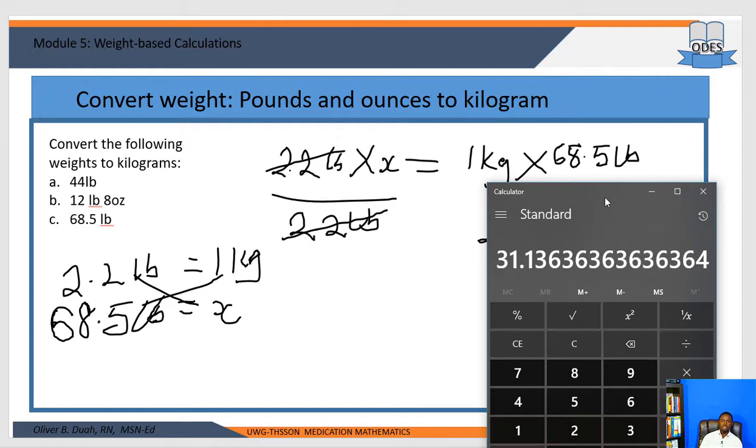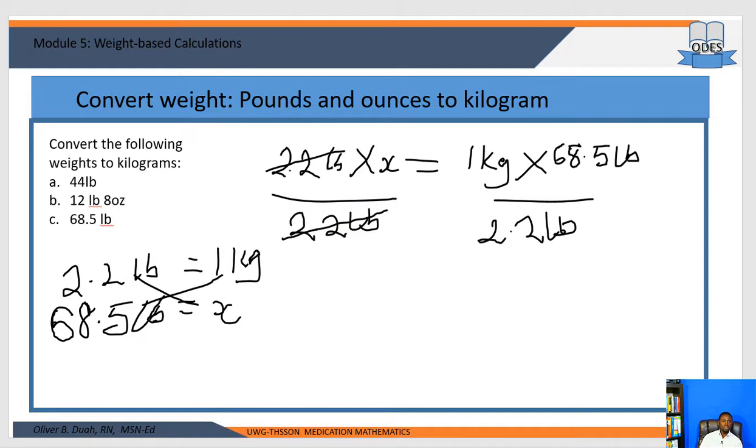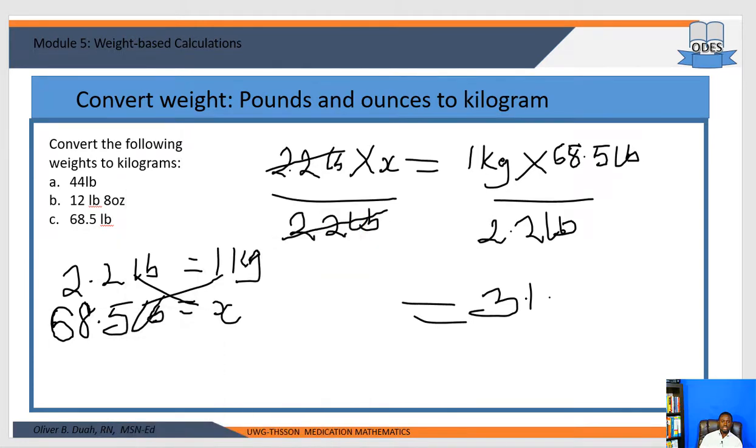So we have some repeating values also. So our answer is going to be 31.1363.